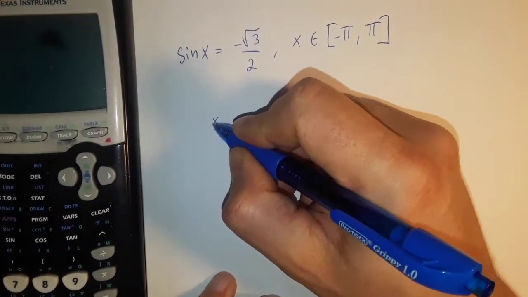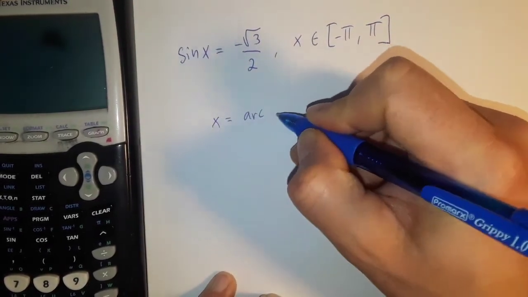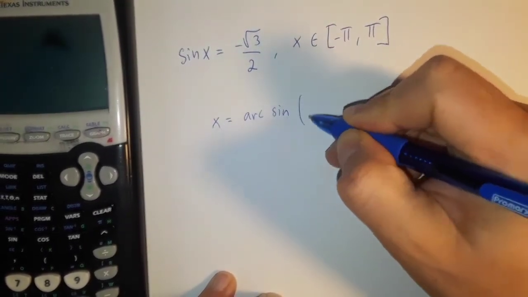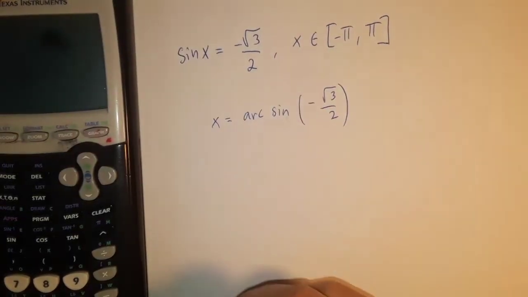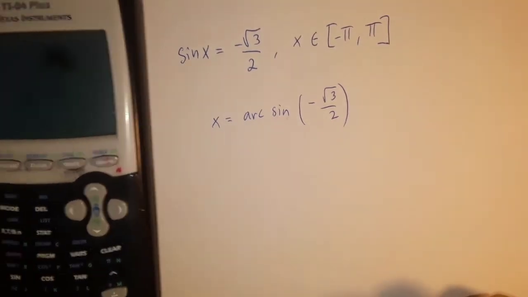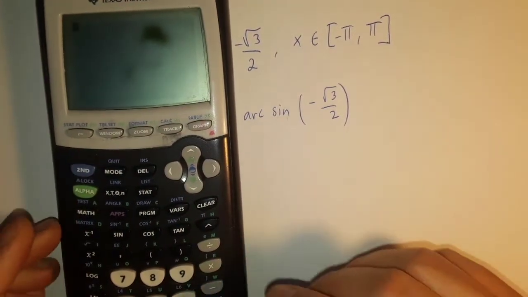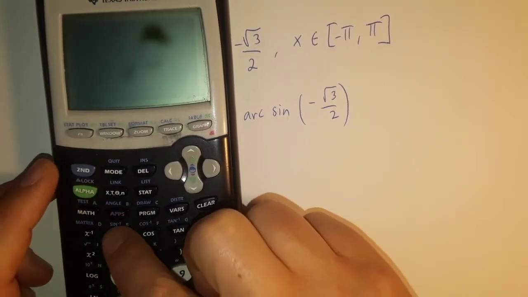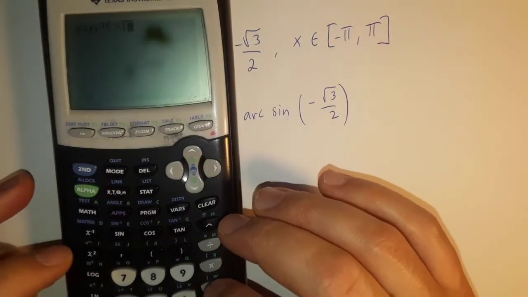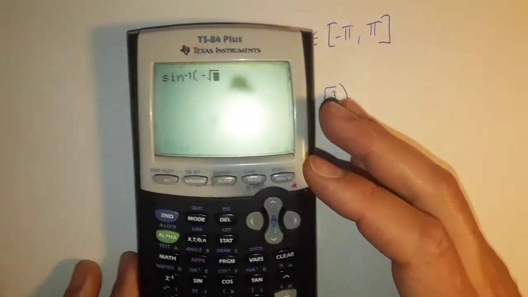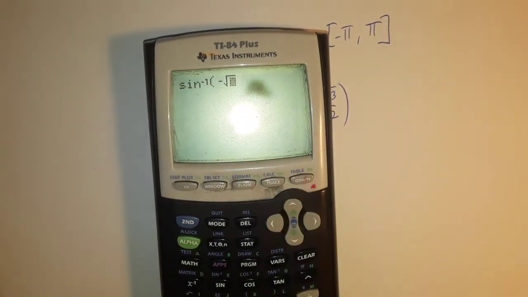So x equals arc sine of negative square root of 3 over 2. So we do with the calculator the inverse sine of negative square root of 3, over 2.